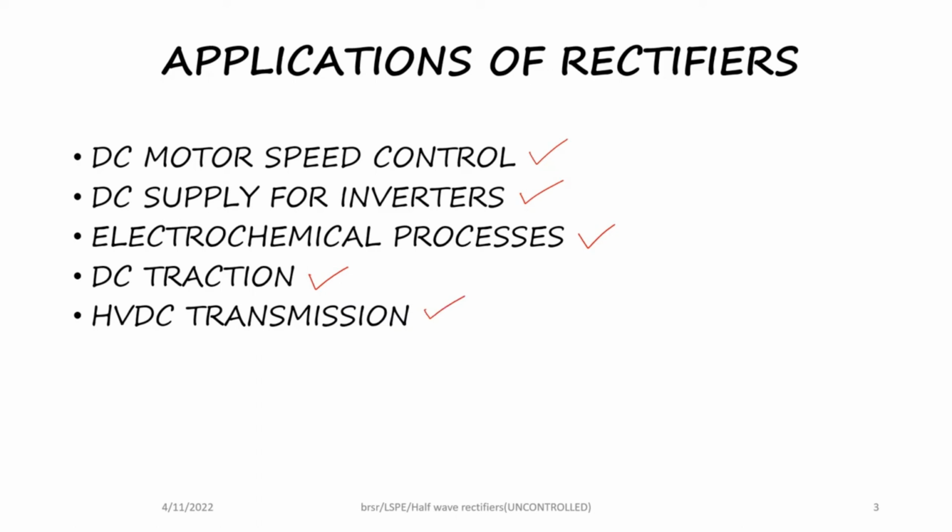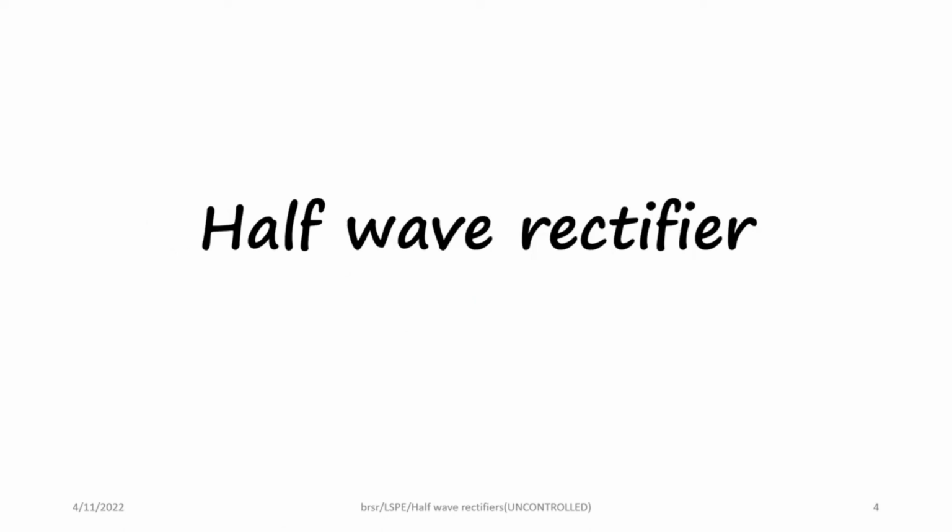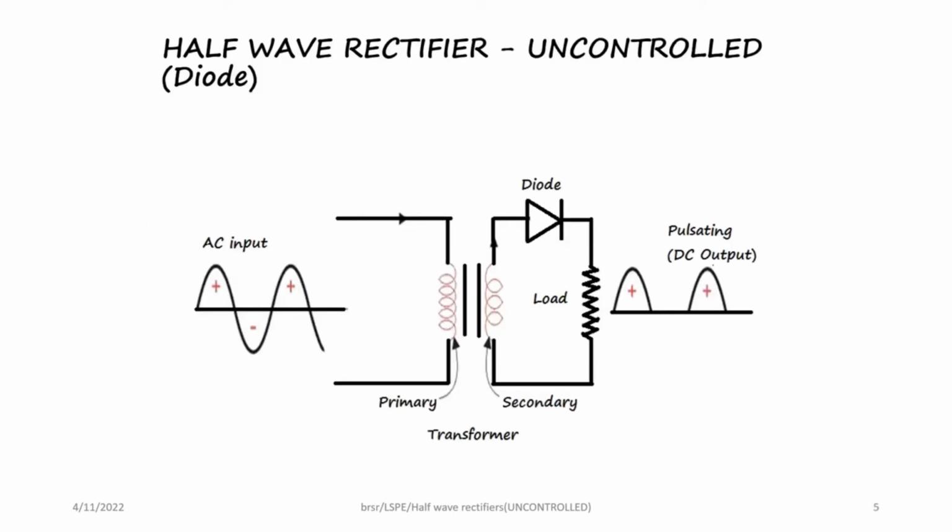Let us see the half wave rectifier, the uncontrolled rectifier, which uses diodes for the rectification purpose, in detail here. The input for a rectifier is alternating current and the output is direct current. This is a half wave rectifier where only one diode is used.